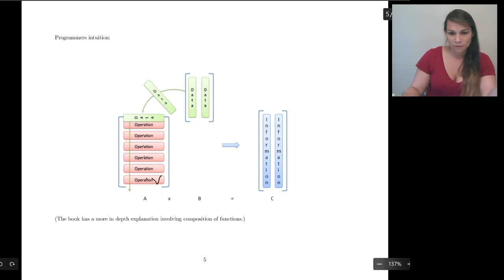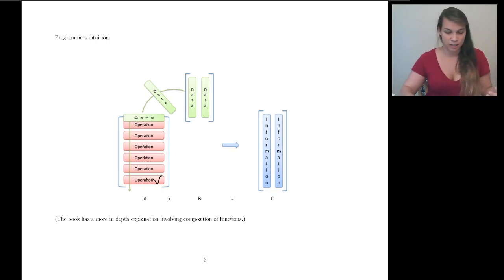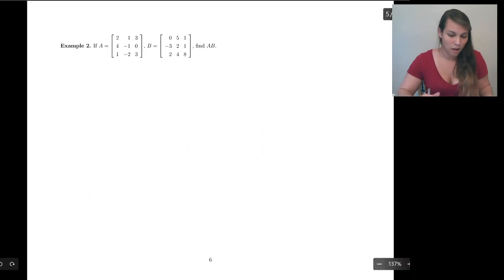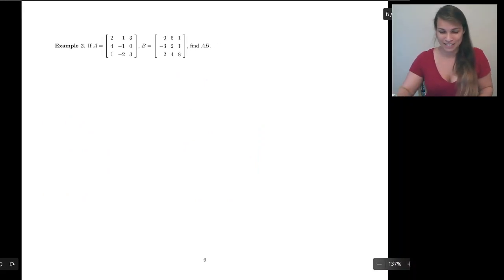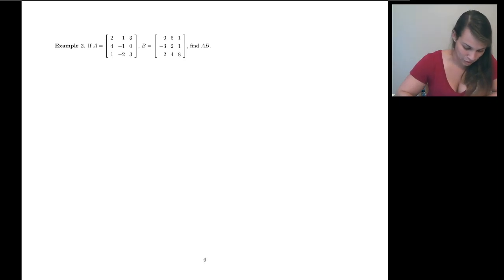There is an in-depth version of this discussion in the book, and it involves, remember, we did linear transformations, and those were functions. It involves composition of functions, but I didn't find it that enlightening, so I'm not going to discuss it. What we are going to do is an example, because I feel like this is much better once you've seen it in motion.